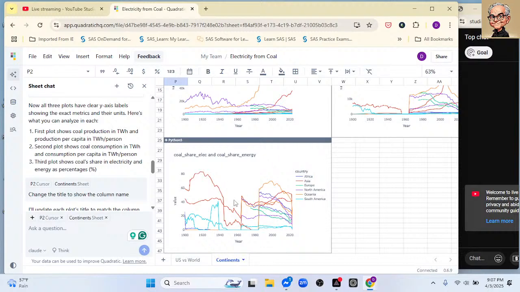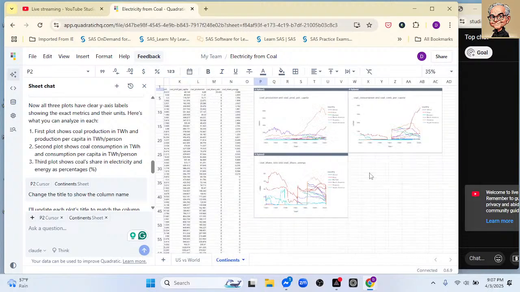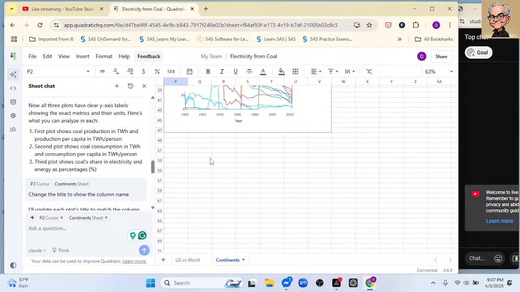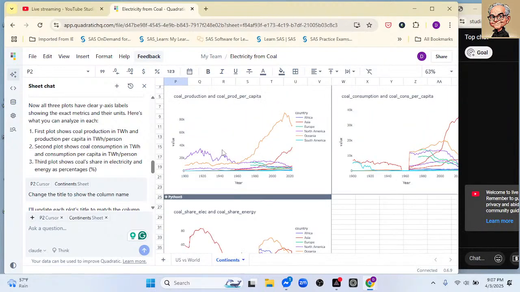So are there two metrics on here? Is there anything else? No, okay. Alright. So we got three measurements here, don't we?